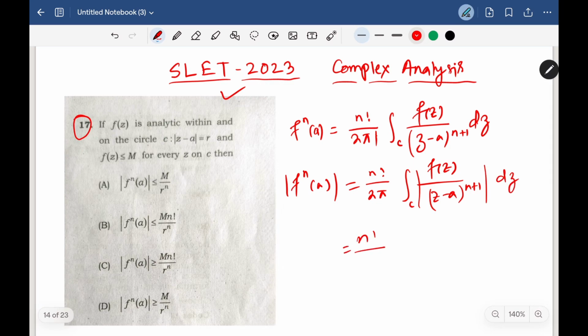So this will be n! divided by 2π, and this will be less than or equal to, since it is given that |f(z)| is less than or equal to M, this will be M, and |z - a| is r, so it will be r to the power of n+1, then the integral around C of |dz|.